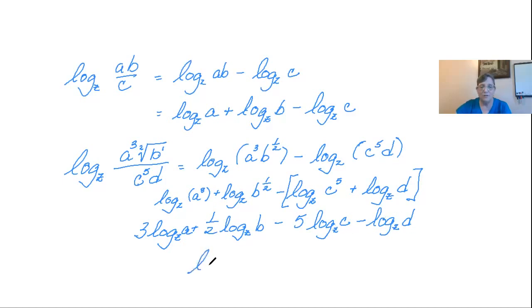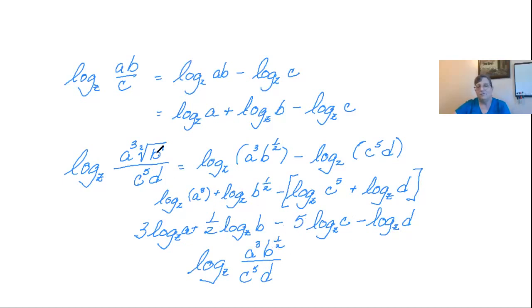So I could put this all back, or I could take it apart as, okay, the a cubed is in the top. B to the 1/2 is in the top because it's got a positive log. C to the 5th is in the bottom. And D to the 1st is in the bottom.